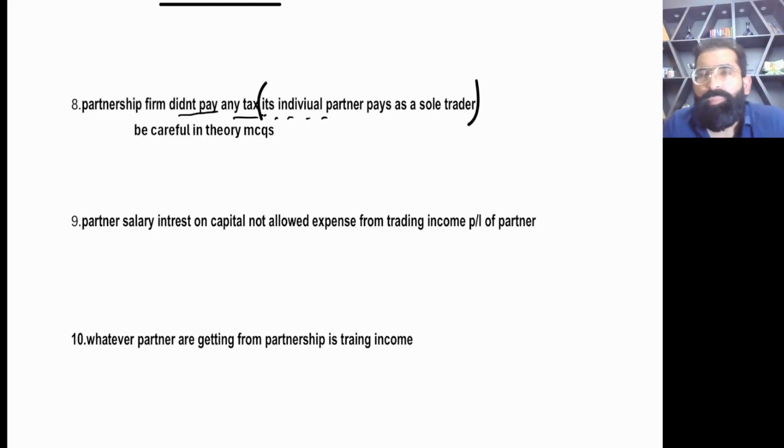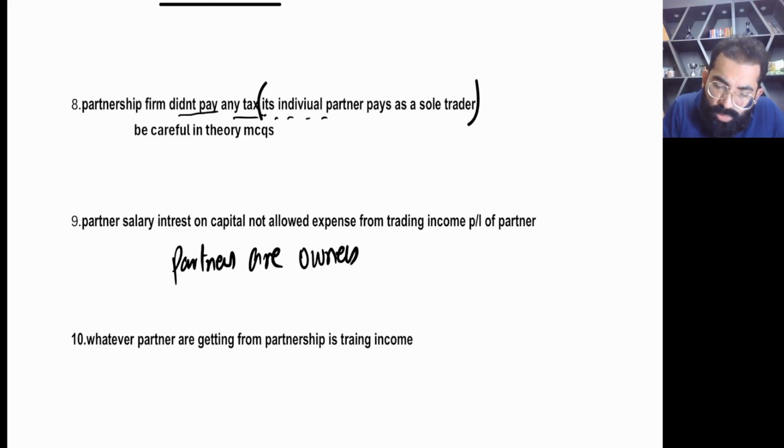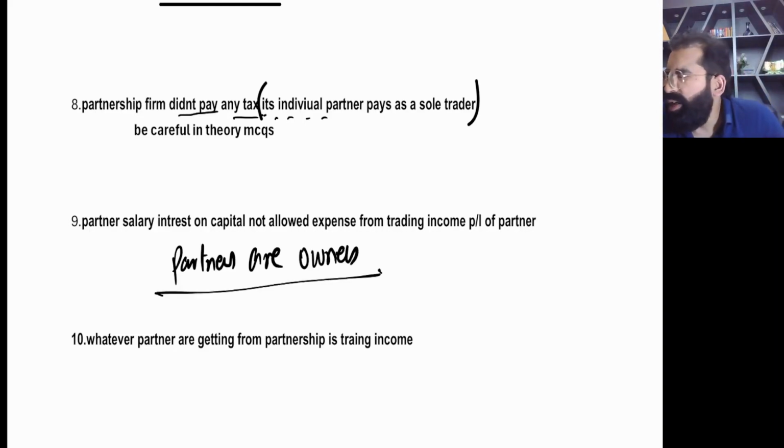Now in a partnership firm, there is some wording which we call partner salary and interest on capital. Remember, partner salary is not an allowed expense from the partnership trading income P&L. Why? Because partners are owners, and owners' personal expenses are never allowed.